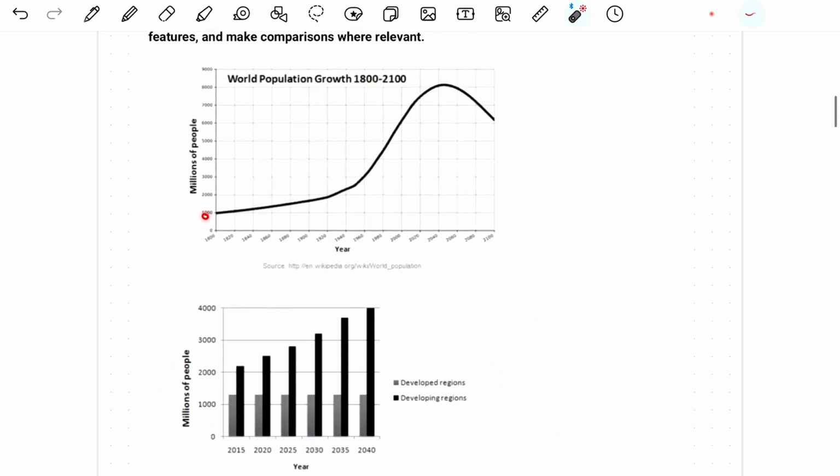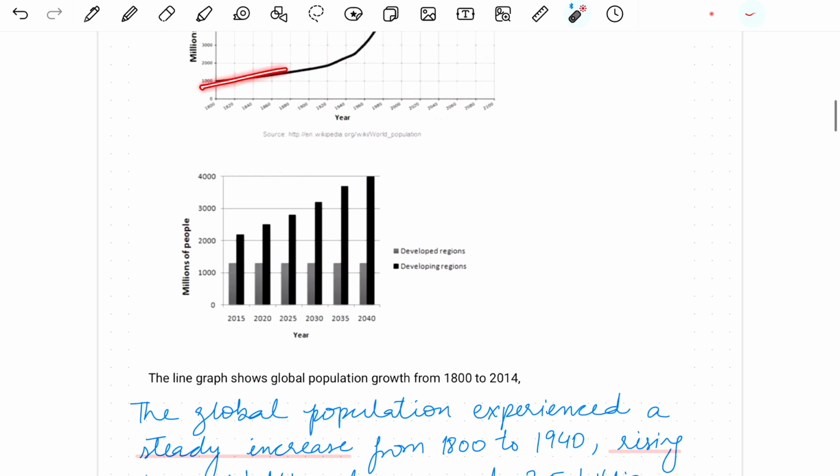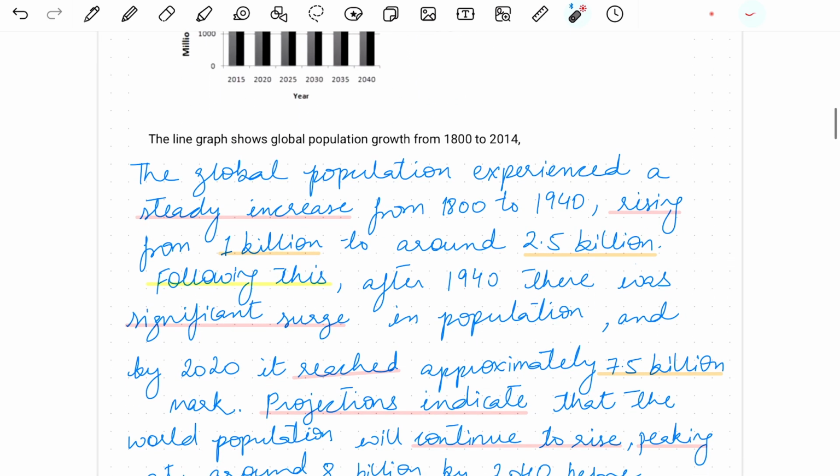So here I've mentioned the rate of change, and I've mentioned that there was a steady increase from 1800 till the year 1940, rising from 1 billion to around 2.5 billion. Right, so there was a steady increase, and I've stated the figures as well.